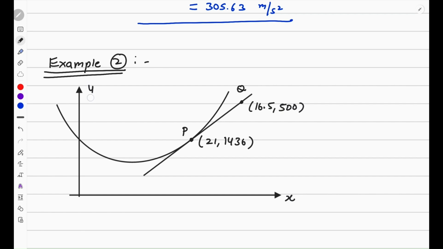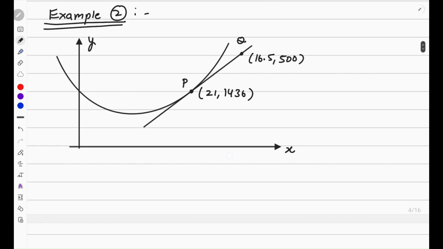This is the x-axis, this is the y-axis. We have to calculate the slope at point P.